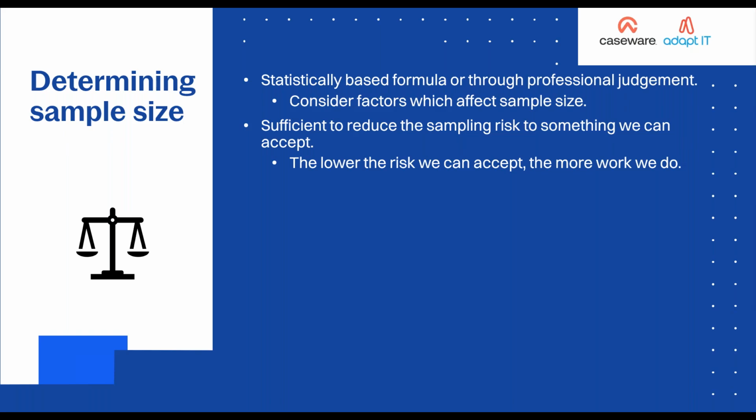Now, the way that we determine it is a statistical-based formula, but we can also use professional judgment. Of course, professional judgment is quite tricky to document: why did you choose these items? Maybe just something to highlight from a presentation that I attended last week was specifically warning against where firms have their own sampling policy. So most firms will say this is how we select items, and then the team goes and does something differently without documenting.